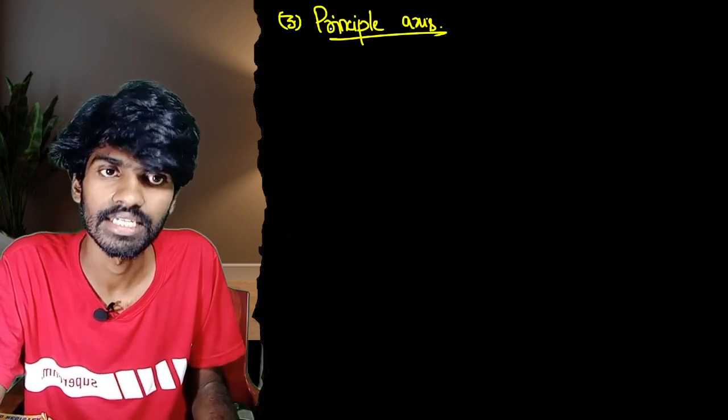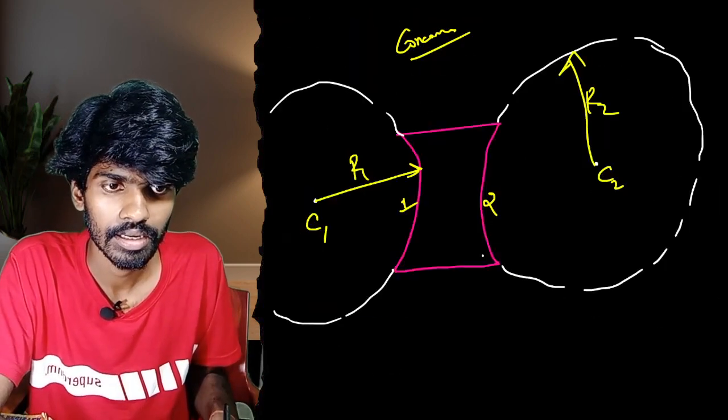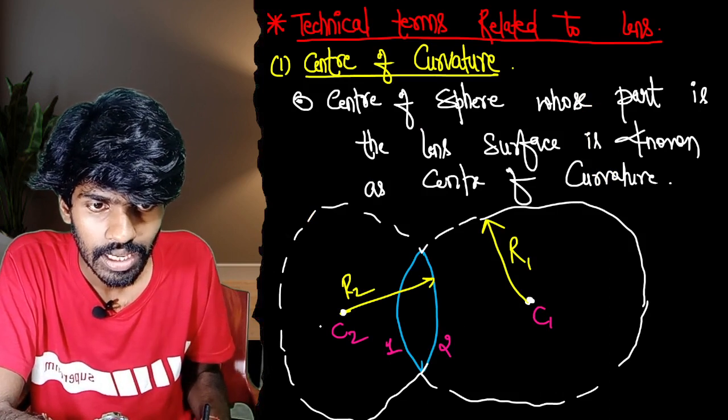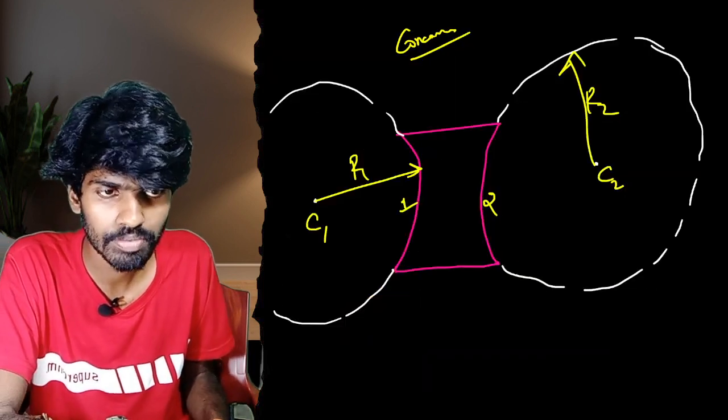Now let us further discuss principal axis. So principal axis is, you can say, these are two centers, this one and this one. The line joining these two centers is known as principal axis.